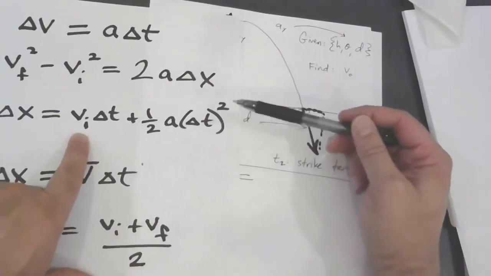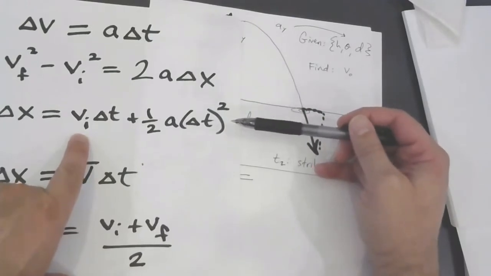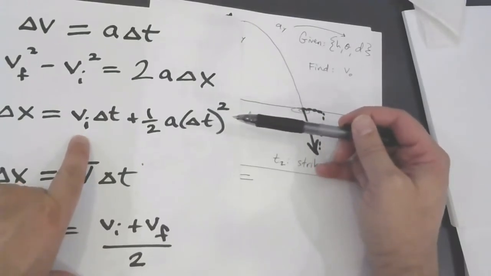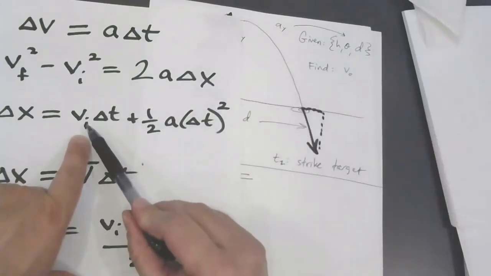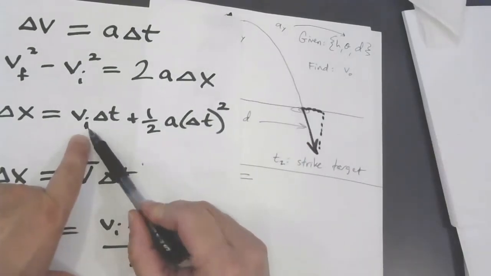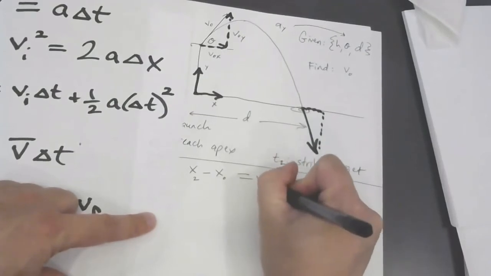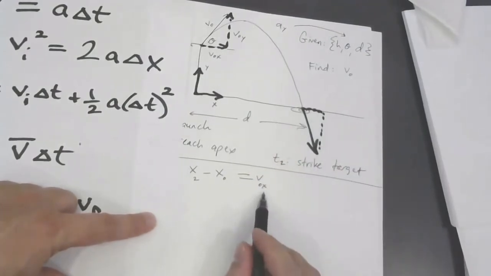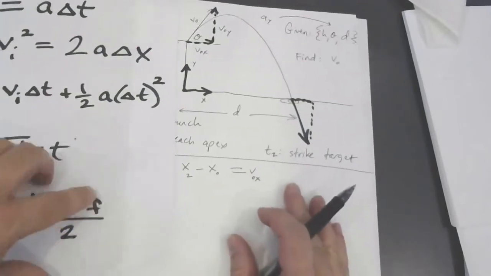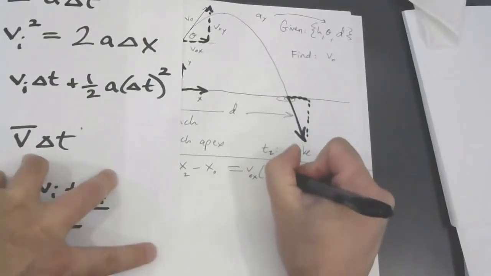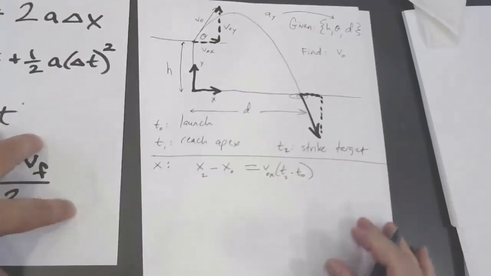Now, we always have to insert additional subscripts to specify which axis we're talking about. So I want the initial velocity along the x direction, which would be the velocity at time 0 along the x direction. It's the x component of velocity at time 0. Okay, and then times t2 minus t0, it's time interval.